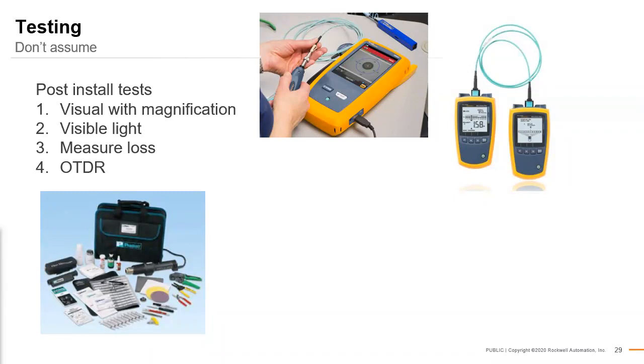Now the OTDR is the more expensive piece of equipment here, but I will say one thing: while it can give you your power budget or your power loss, the power meter and light source, which is option number 3, is actually much more accurate at that. So the two go hand in hand. It's nice to have both of those pieces of test equipment, given the option.